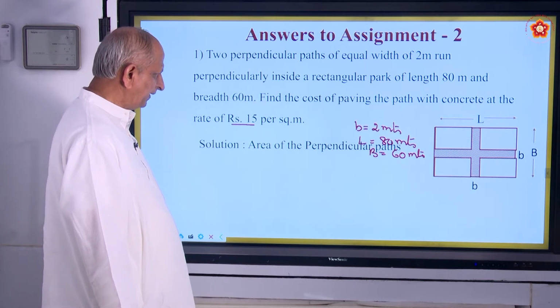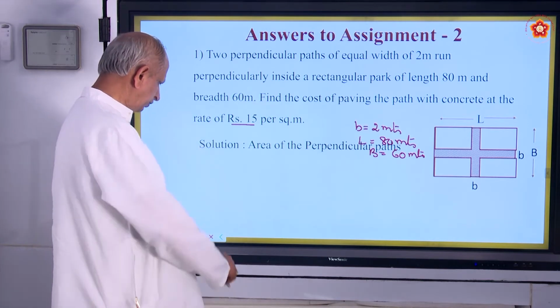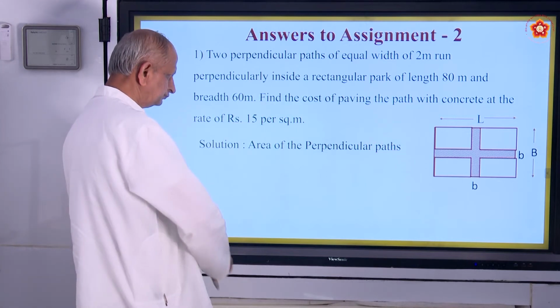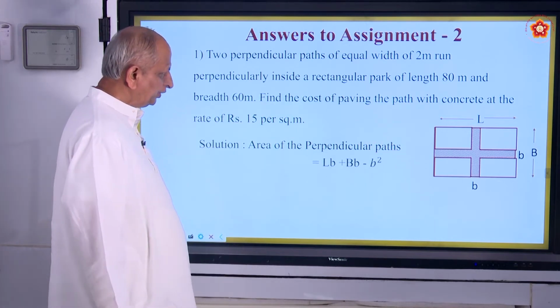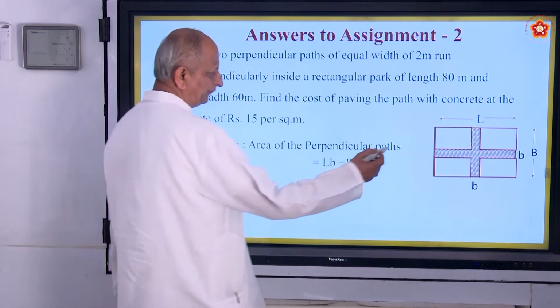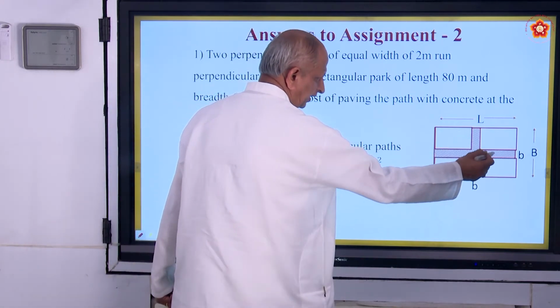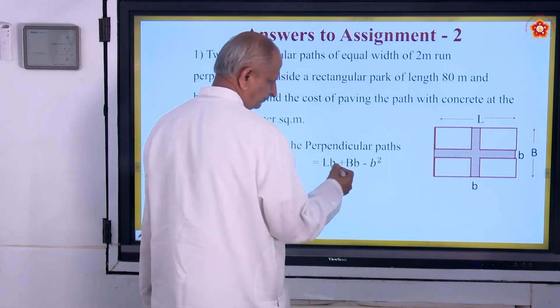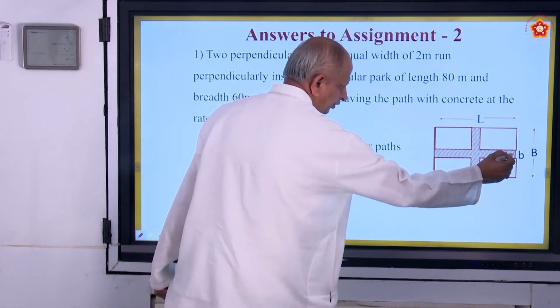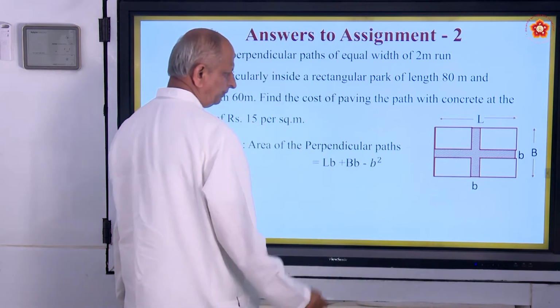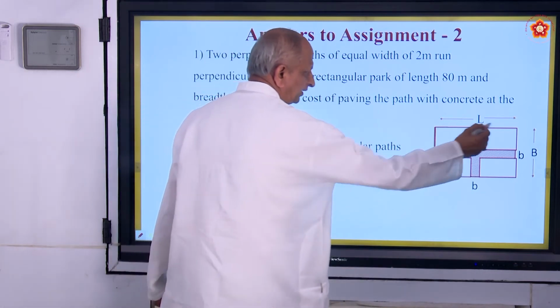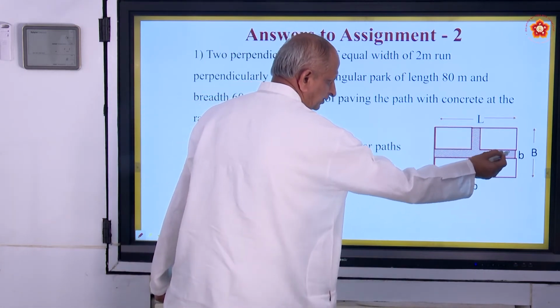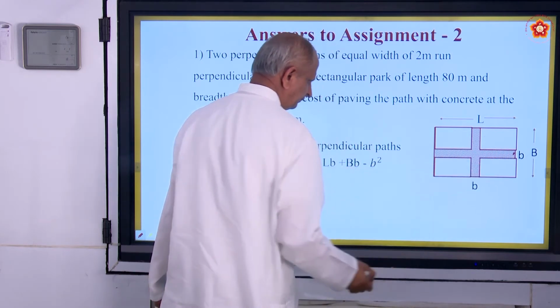So area of the perpendicular paths is equal to L into B. So you have to find out the area of this path. If you take this horizontal path, it will be L into b. This is length and this is the breadth small b.